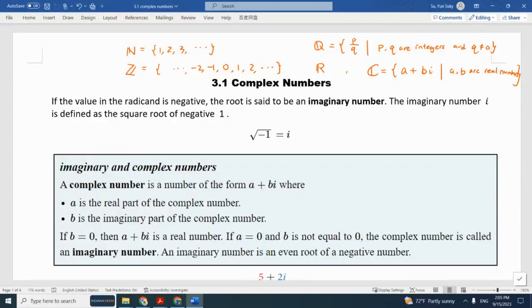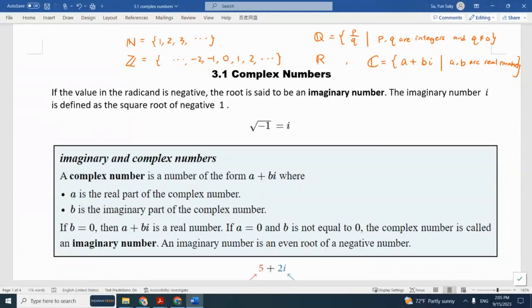And if a is 0 and b is not equal to 0, then the complex number is called an imaginary number. An imaginary number is an even root of a negative number. So this is the definition of complex numbers.